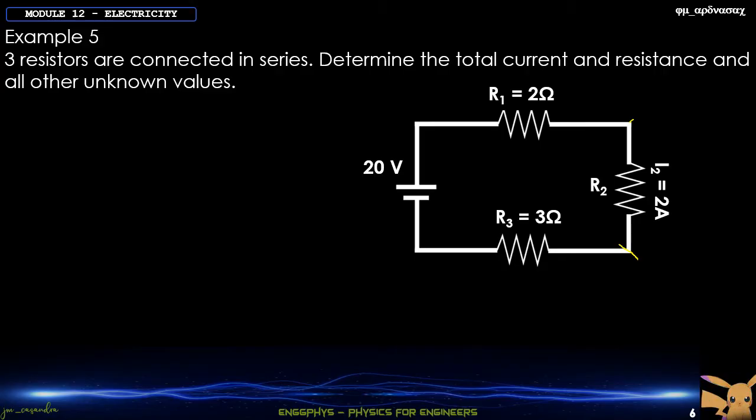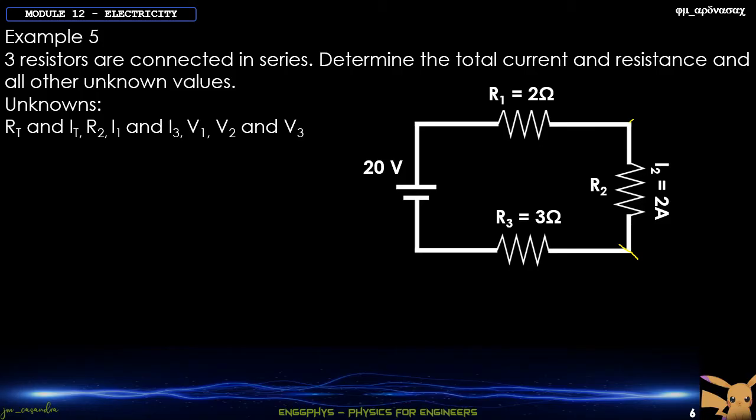So R1, R2 have only one common node. R2 and R3 only have one common node. So for this case, all unknowns will be our total resistance and your total current, the resistance of R2, the currents passing I1 and I3, and then we also have the voltages across the 3 resistors, V1, V2, and V3.